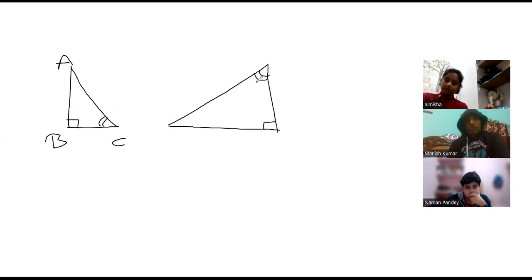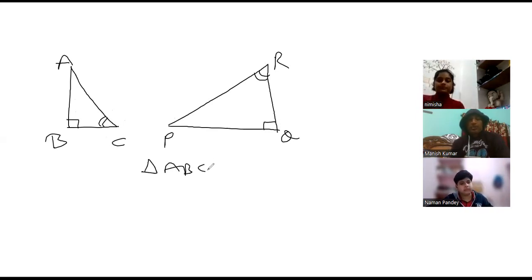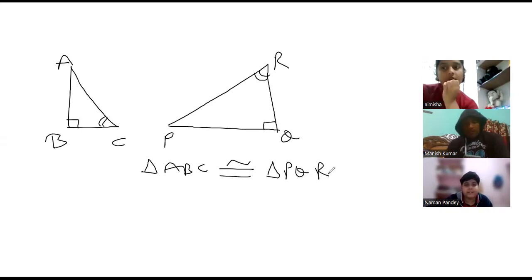This one is angle R, this one is Q, and this one is P. Triangle ABC is congruent to triangle PQR. Yes, sir. Name one additional pair of corresponding parts.